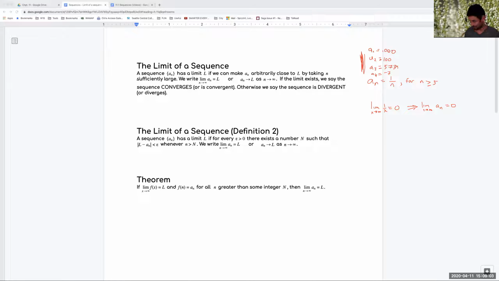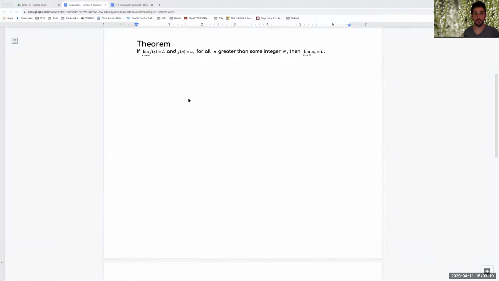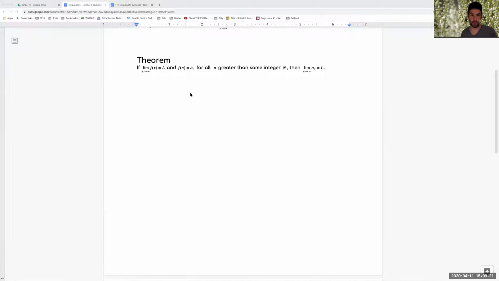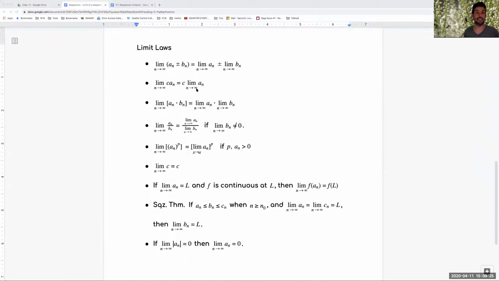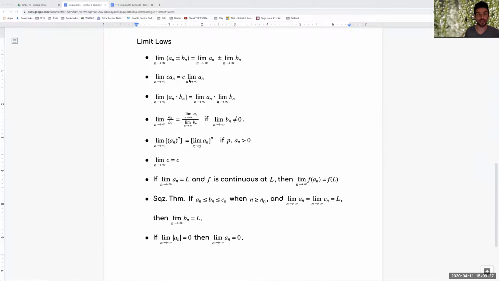I'm trying. Okay, so we want to move on from this. Let's move down. So we've got this theorem that we can look at functions to understand the limits of our sequences, which is really convenient because we get all of these limit laws.